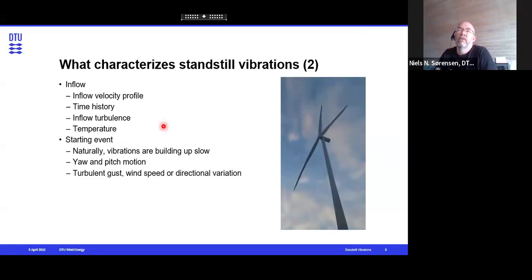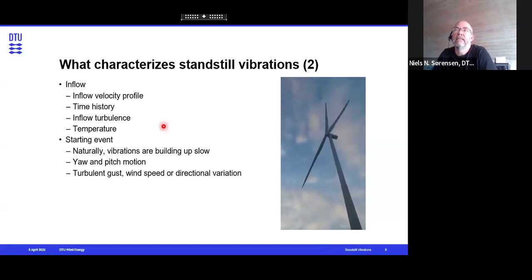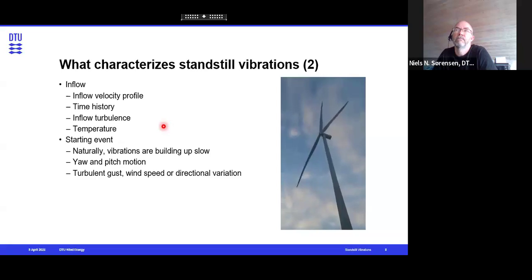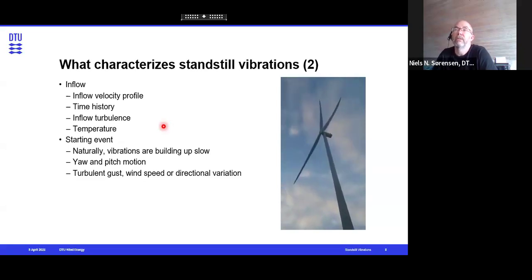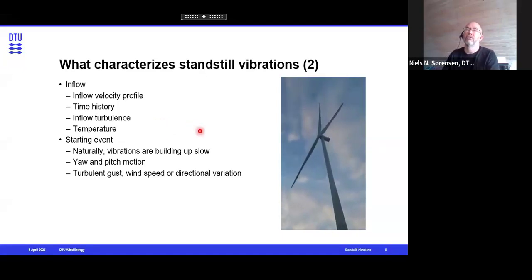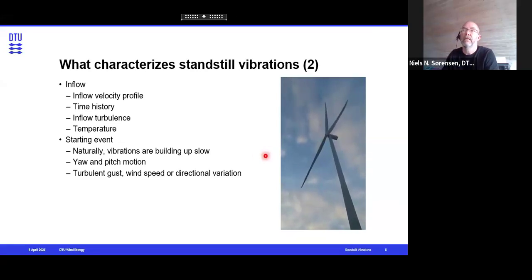And one of the things we have learned during these years is that if you look at standstill vibrations, the natural buildup of the vibrations is quite slow due to the huge inertia of large-scale rotor blades.